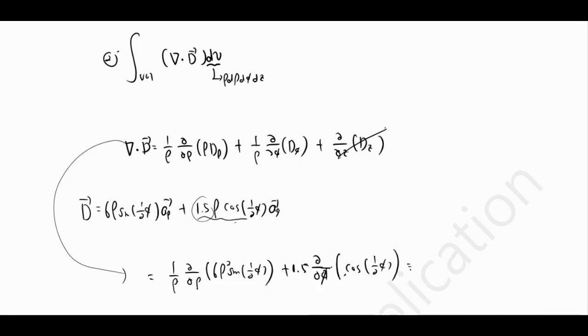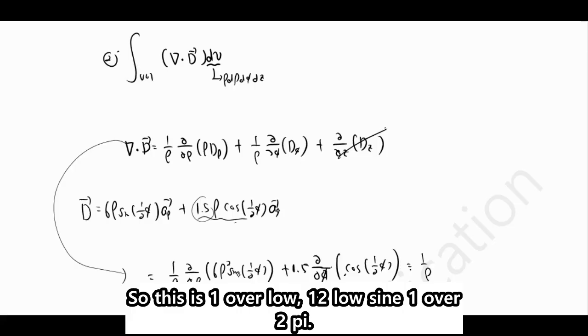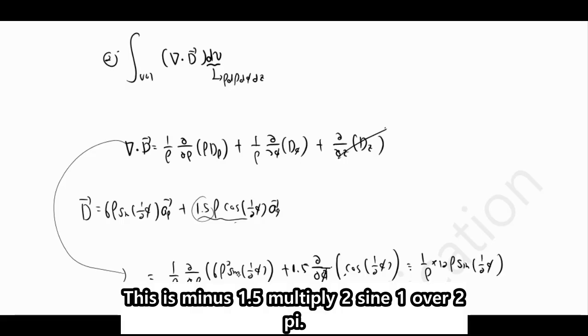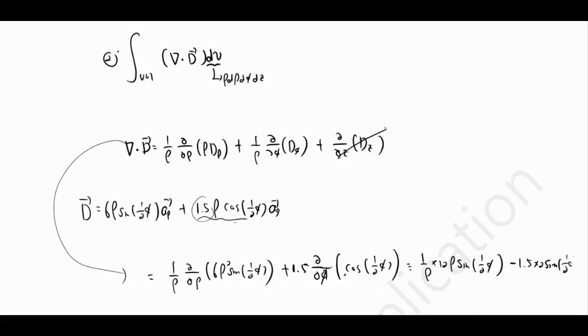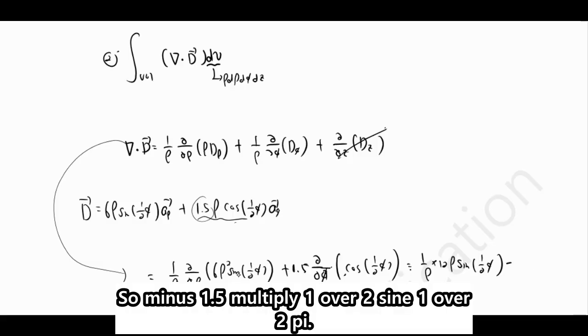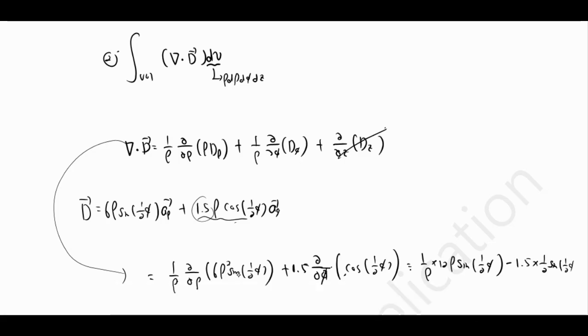So this is 1 over rho times 12 rho sine(1/2 phi). This is minus 1.5 times 1/2 sine(1/2 phi), since the derivative of cosine is minus sine.